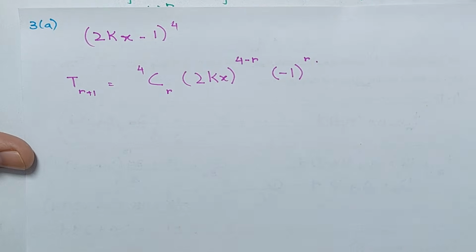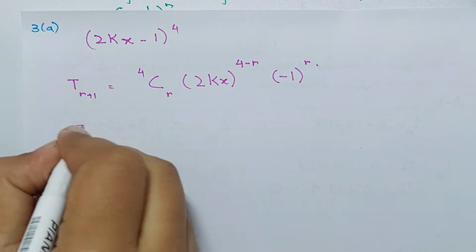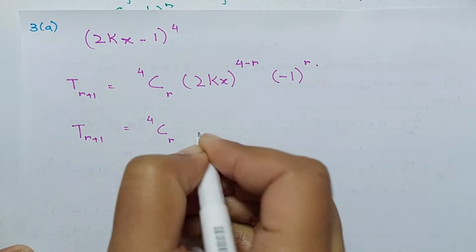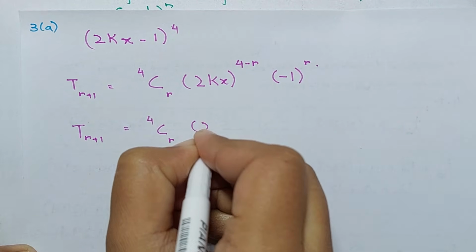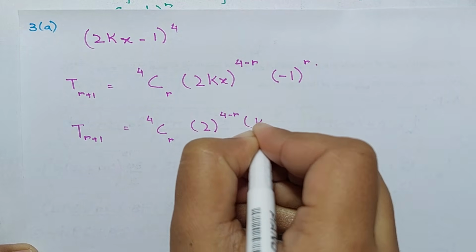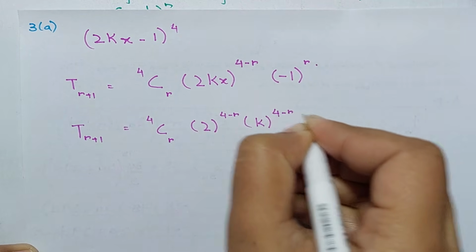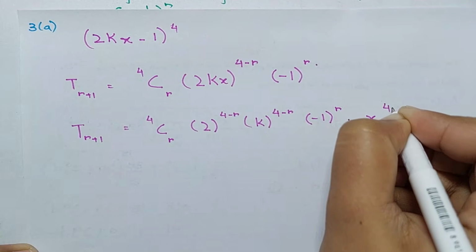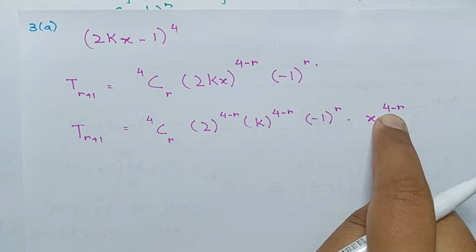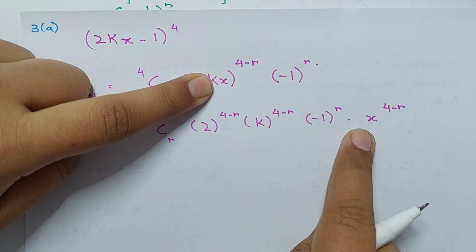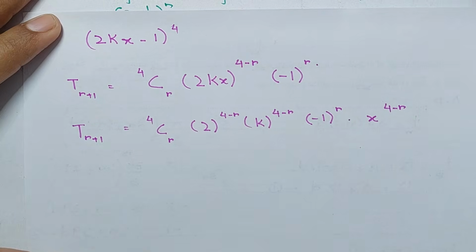Now here we have T(r+1) is equal to 4Cr, 2 to the power of 4 minus r, k to the power of 4 minus r, negative 1 to the power r, and x to the power of 4 minus r, right? So I split the 2 power, I split the k power, I split the x power, and this negative 1.